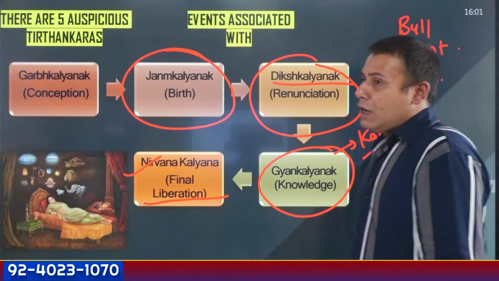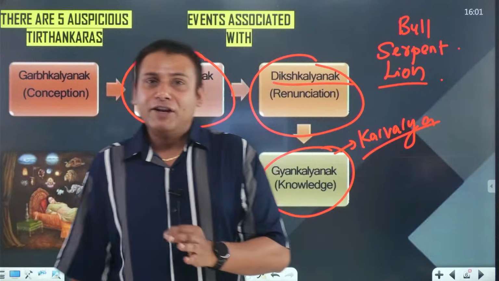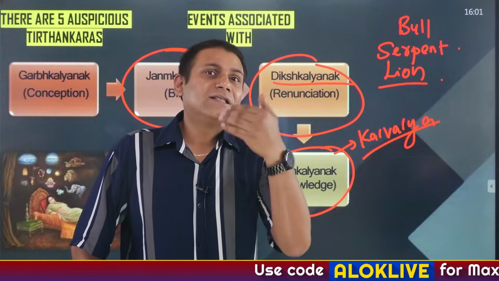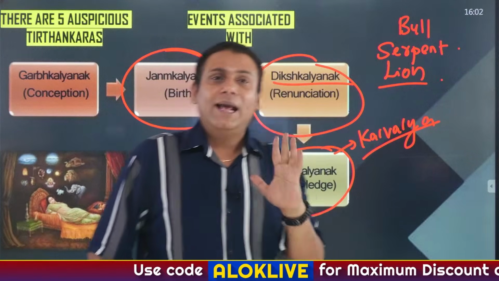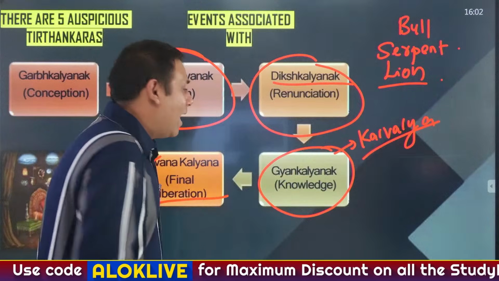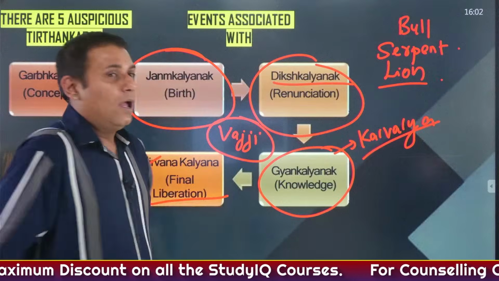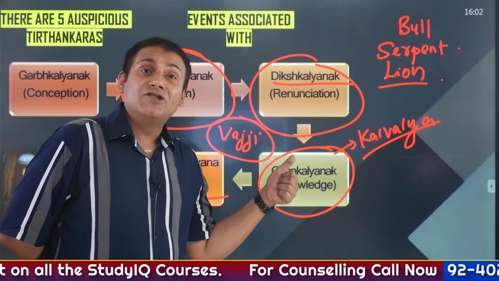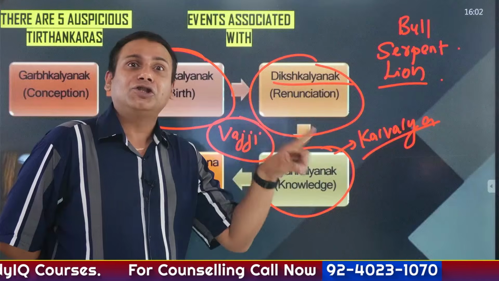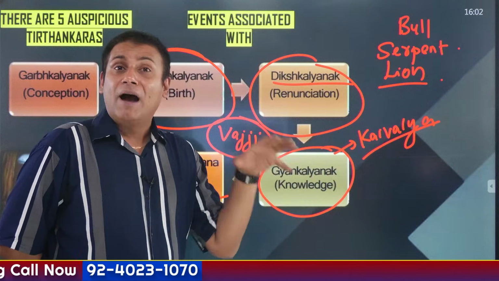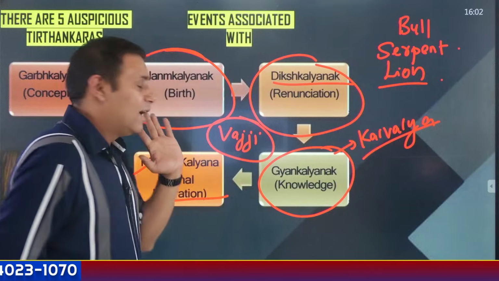Now, Vardhaman Mahavir Ji is also referred to as Nathputra. Why is he referred to as Nathputra? I'll give you a very simple example. There was a Mahajanpad referred to as Vajji Mahajanpad. In different historical texts, Vajji Mahajanpad is also referred to as Ashtakul. Eight important clans, eight important families together formed the Vajji Mahajanpad.